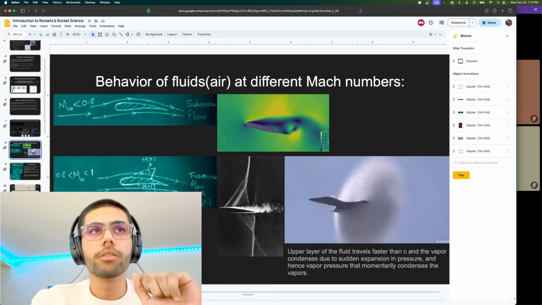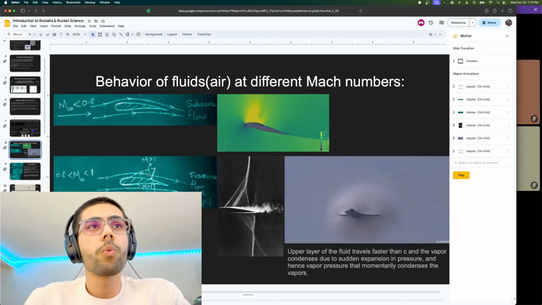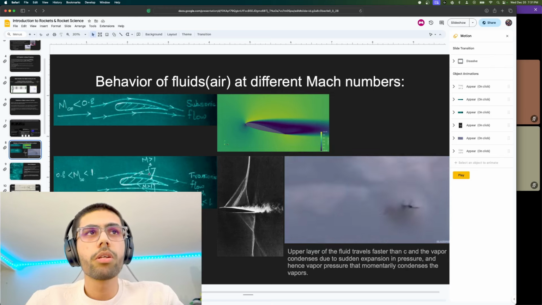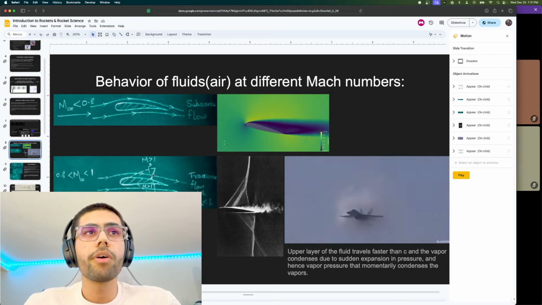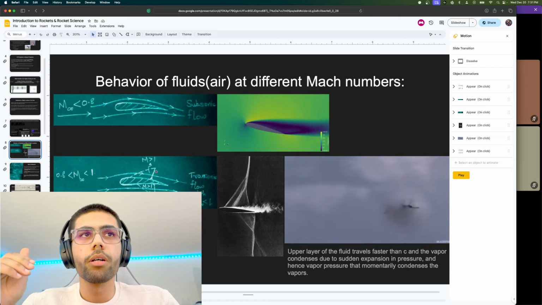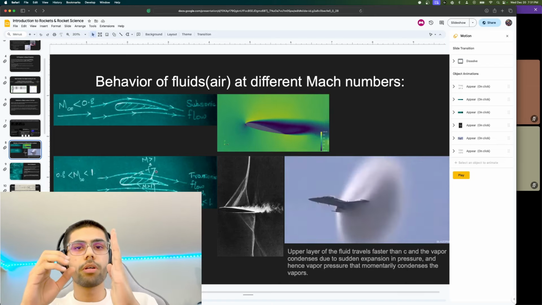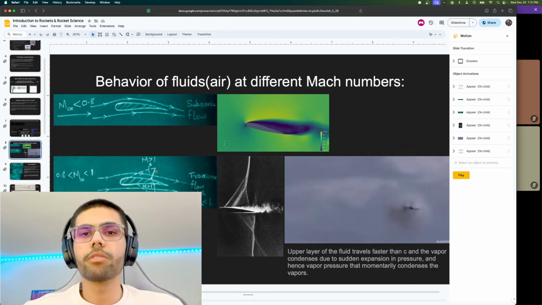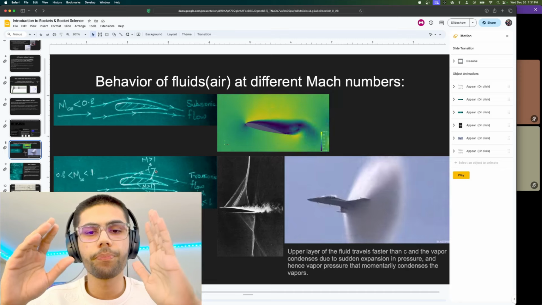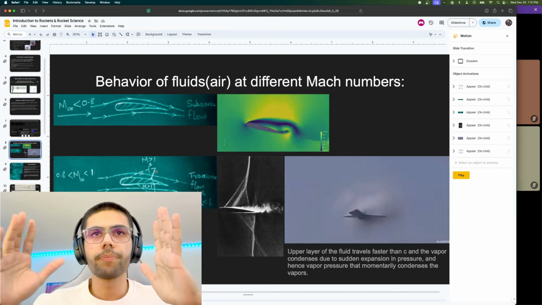If the fluid particles are moving at speeds greater than Mach 1 here, they are going to stagnate on top of each other because they cannot move faster than the particles ahead of them. I'll give you an interesting and easy explanation. Imagine a grid of particles.